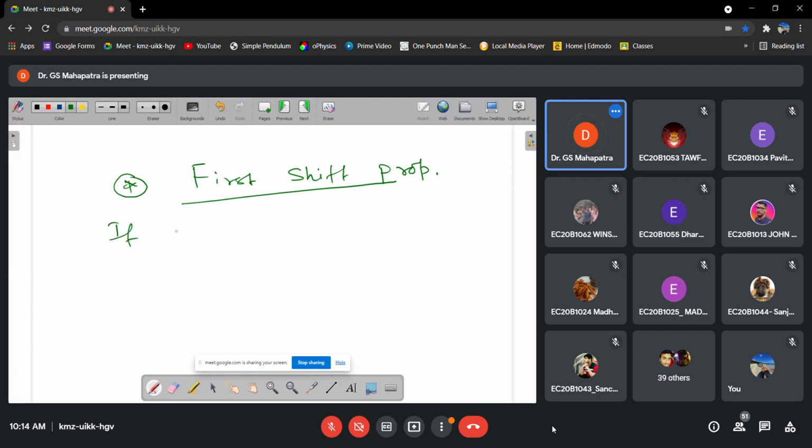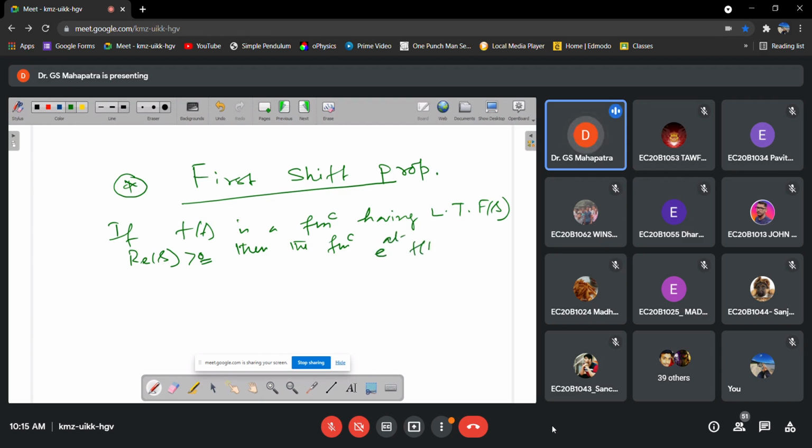Now, what is that statement? If f of t is a function having Laplace transform capital F of s, where of course you know that the real part of s is greater than 0, or some other particular value, then the function e to the power at into f of t also has a Laplace transform.